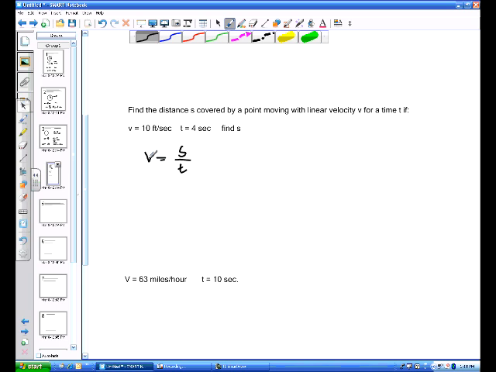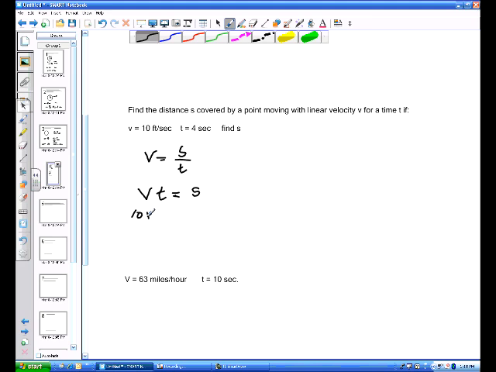We're trying to find s, so we'll multiply both sides by t. So your linear velocity times time equals s, or your distance. Now this may sound pretty familiar. You probably learned back in grade school, rate times time equals distance. Well, v is our rate, our velocity, times time will equal the distance traveled.